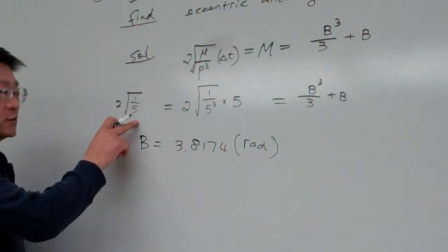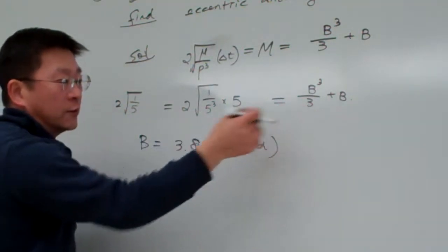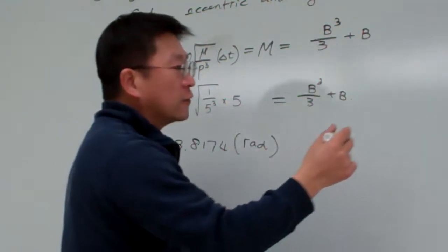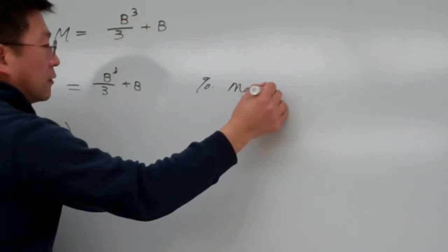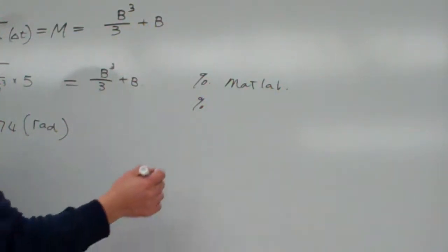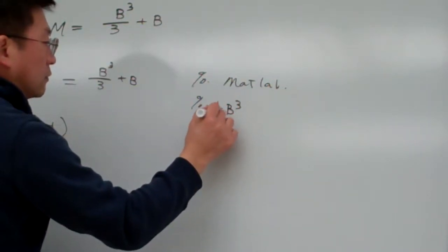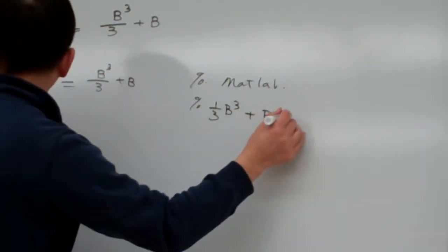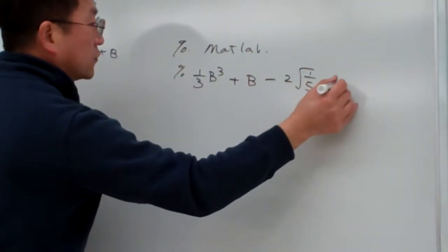We have equations for a closed form solution for this kind of polynomial. And on the other side, if you're going to use MATLAB, you can try this. Basically, for this one, you can write it as b cubed over 3 plus b minus 2 times 1/5 equal to 0.